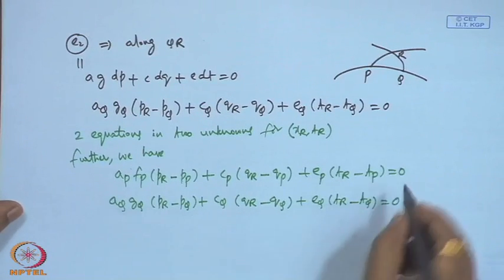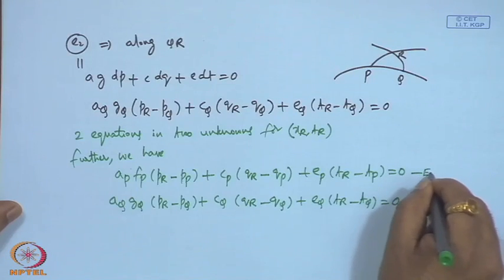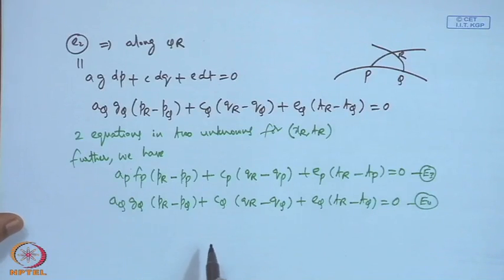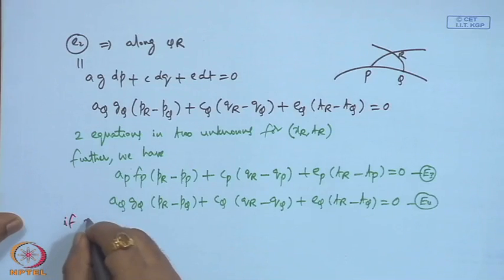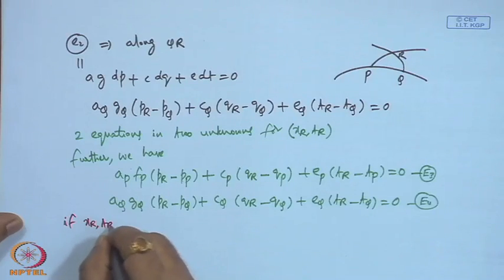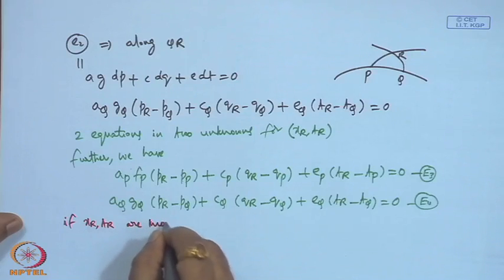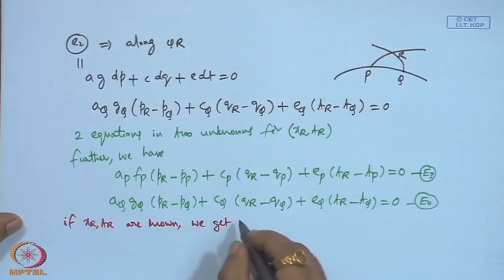So, these are, so the remark is, if XR, TR are known, then we get, what do we get?